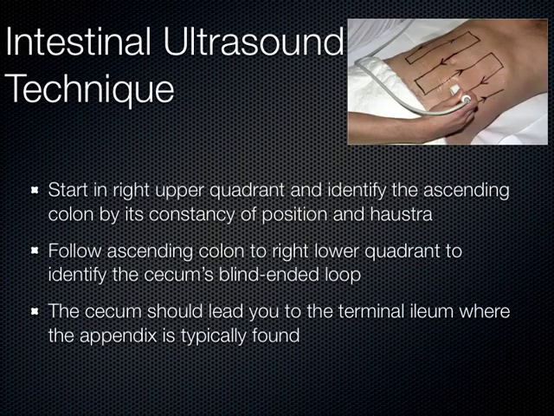And what we do is this technique called mowing the lawn, where you start in the right upper quadrant and you can see sort of where the ascending colon is there. The ascending colon is always in the right upper quadrant. It's got haustra, and you guys have had this in anatomy now, I think, haustra versus the plicae circularis that you see with the small bowel. And so you can identify that sometimes on ultrasound when it's filled with fluid.